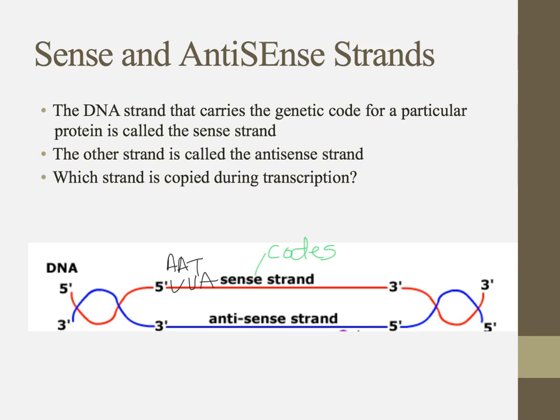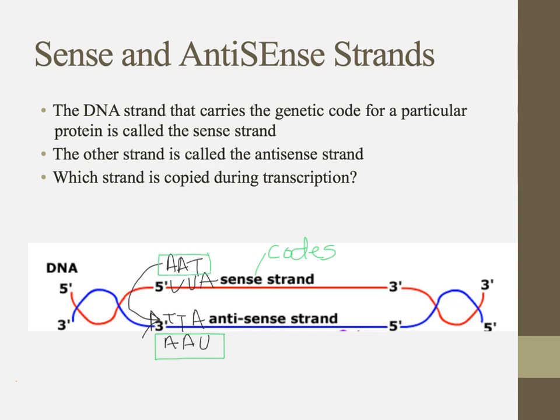On the other hand, that antisense strand, its complementary codes would read T, T, A. And if I used that strand to make an mRNA molecule, it would read A, A, U. Well, now that's great because now this mRNA has the same codes that I had in the beginning.